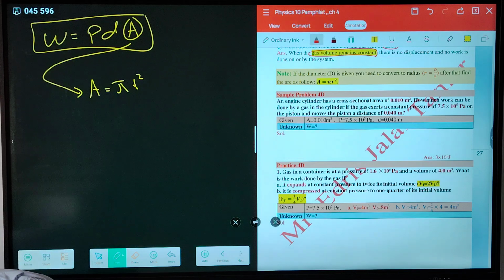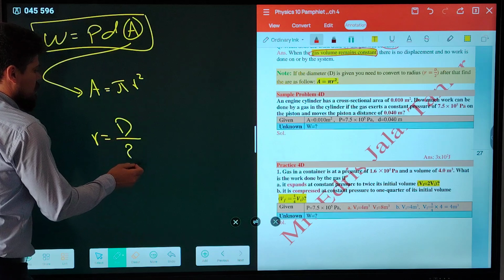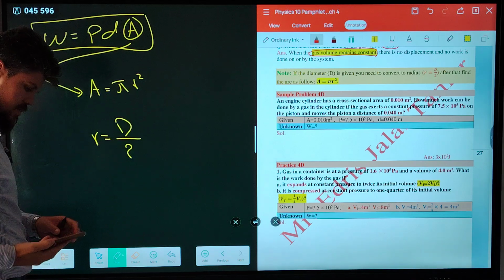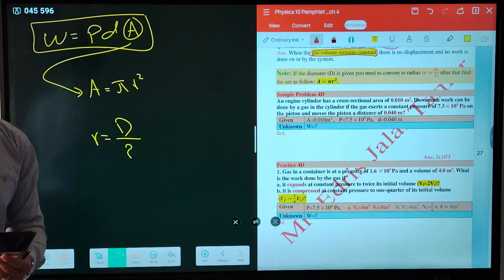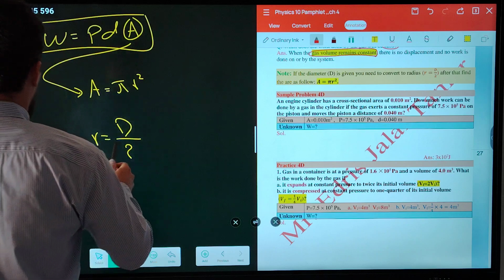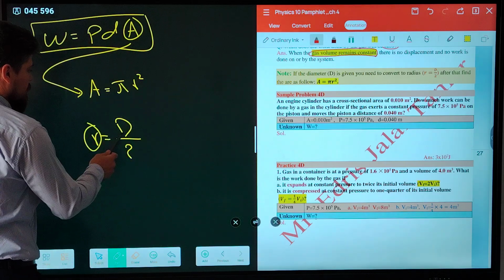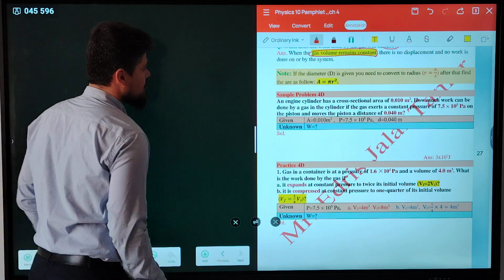When r is not given and instead the diameter is given, r is equal to the diameter divided by 2. When the diameter is given, you can convert to radius by dividing the diameter by 2.